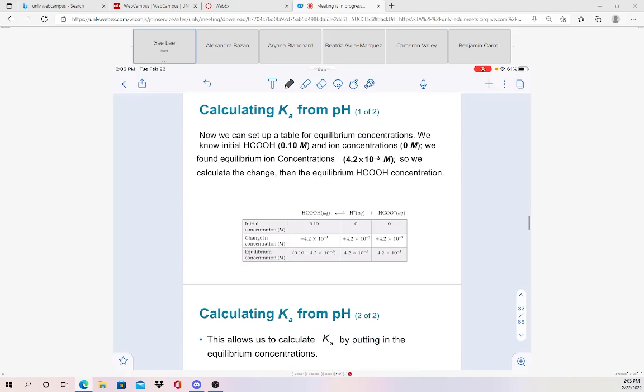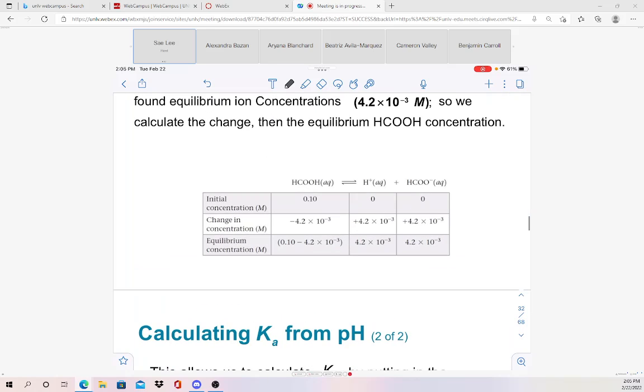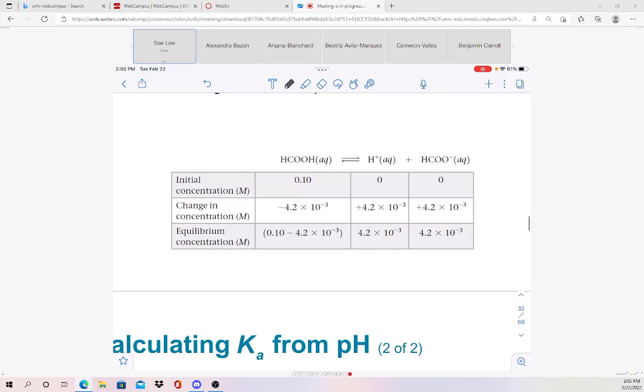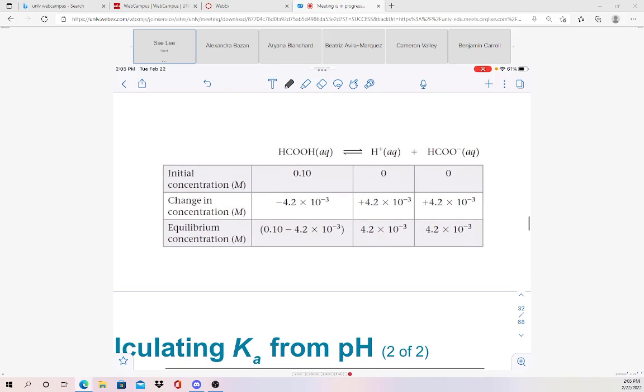So then we can construct a table, just like we did in chapter 15. We write down everything that we already know and leave blank anything that we don't know. We already found the concentration of proton and conjugate base at equilibrium. We write those values here: 4.2 times 10 to the negative 3, 4.2 times 10 to the negative 3.